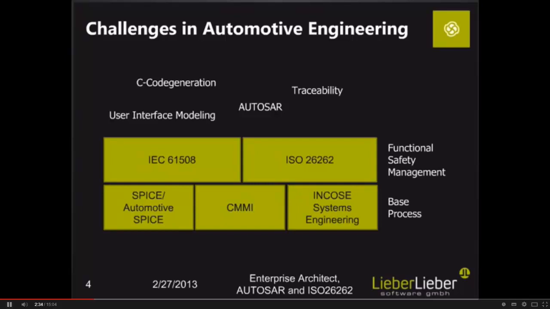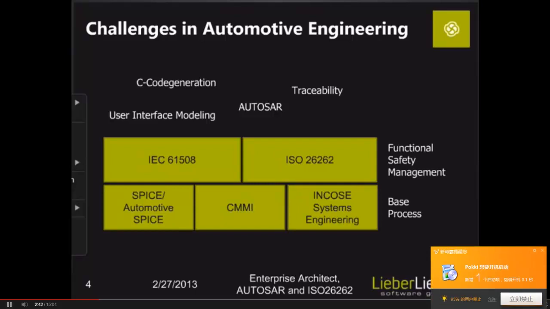And beside these base processes and functional safety management norms, we have further challenges in the development area in automotive engineering, like development with the AUTOSAR standard in software engineering, or C code generation. If you do model-based engineering, you can use these models to generate code.